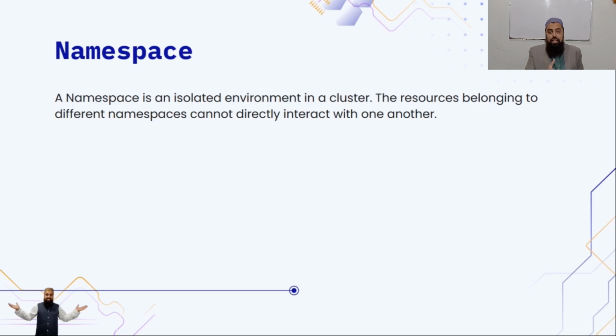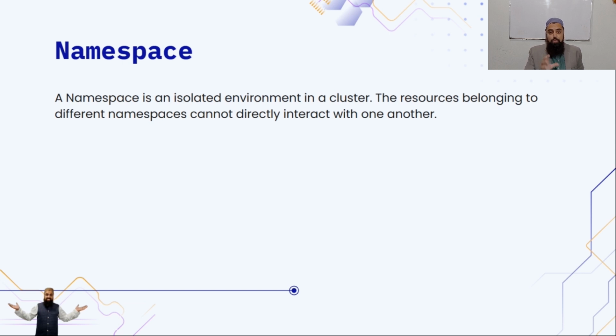I can create a separate namespace for all the secrets and sensitive information in the vault namespace. Similarly, I can have a different namespace for the deployment. So that's how namespaces work. Namespaces isolate the resources, and the resources cannot directly interact with each other.